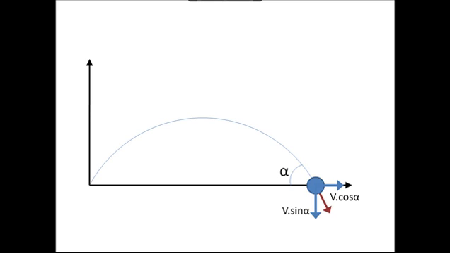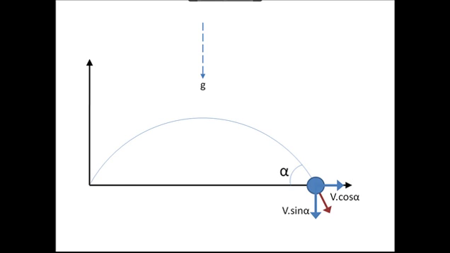Throughout the motion, mind you, v cos alpha, the horizontal velocity of the projectile, remains constant, and the whole operation is happening only under gravitational acceleration. There is no other external acceleration, mind you.